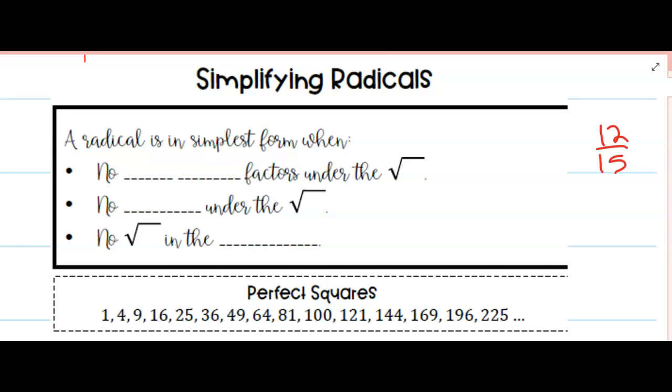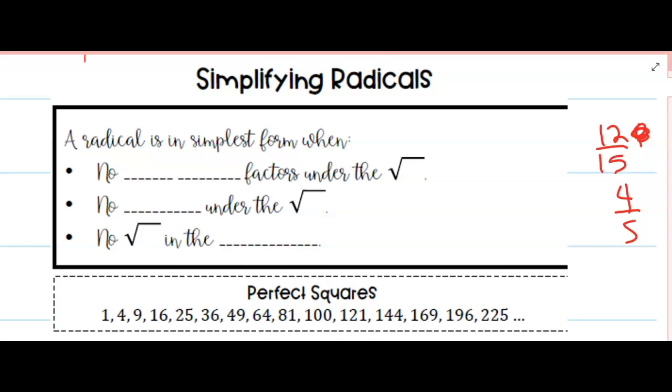You could divide out a 3 from both of those and you'd get 4 over 5. And then you would know 4 over 5 is in simplest form because they don't have anything in common. We've become comfortable with fractions knowing that. So radicals also have special rules for when they're in simplest form or not.